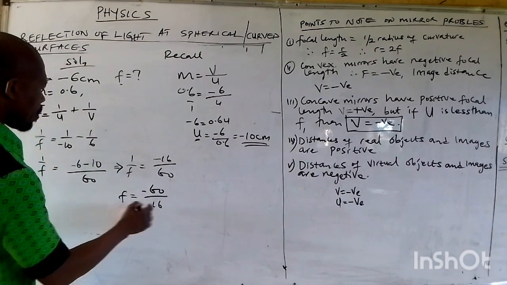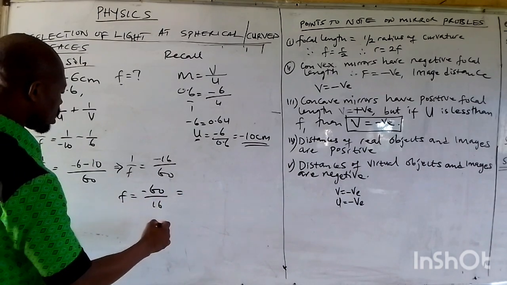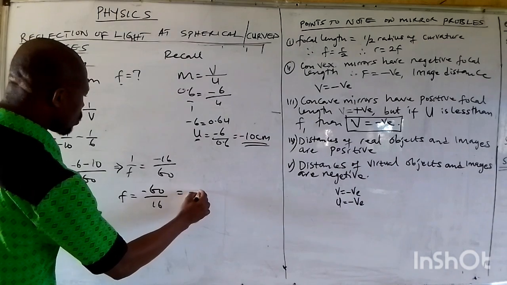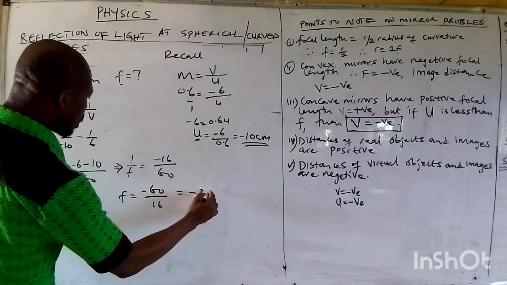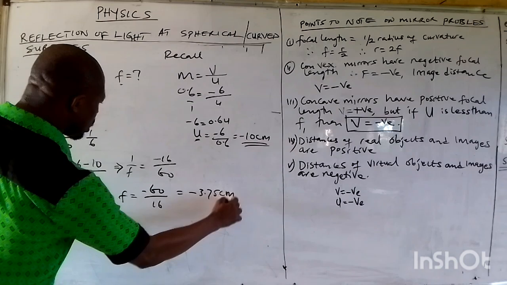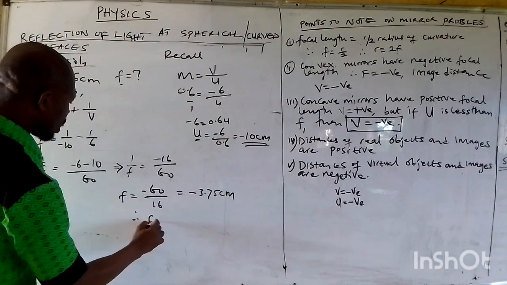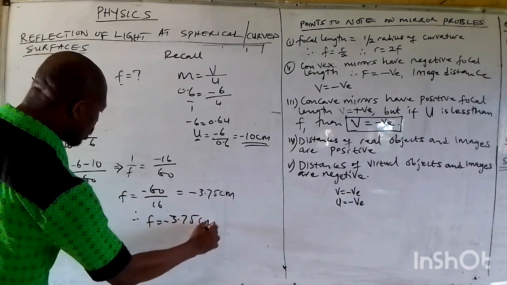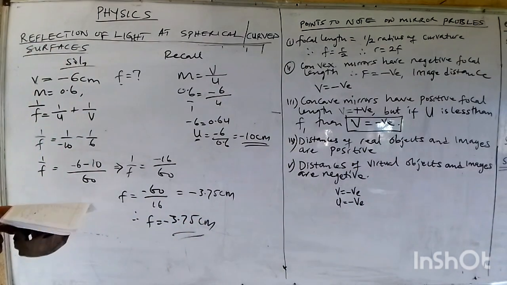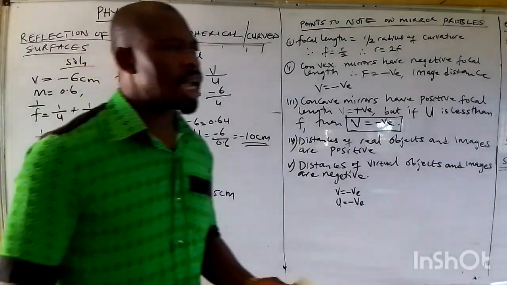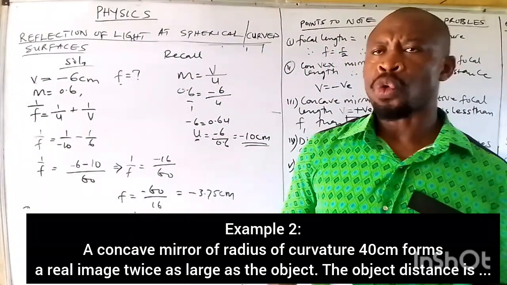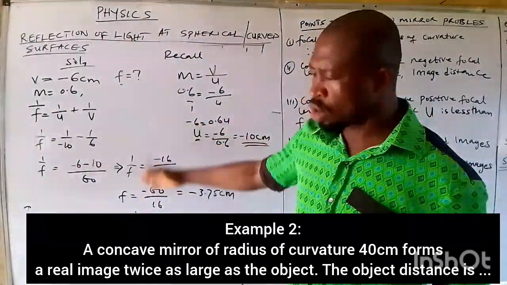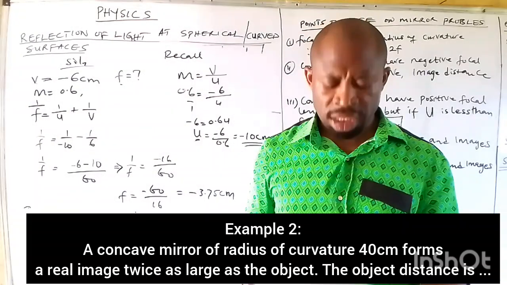And then 60 over 16 will give us minus 3.75 centimeters. Therefore, we have that our F is minus 3.75 centimeters. Okay. Now let us take the second question. Having solved this one, we can go ahead to take the second question.